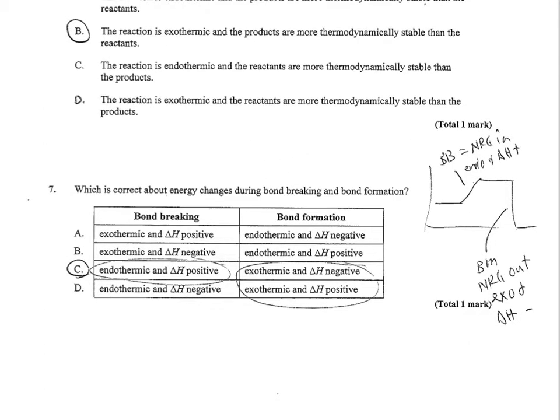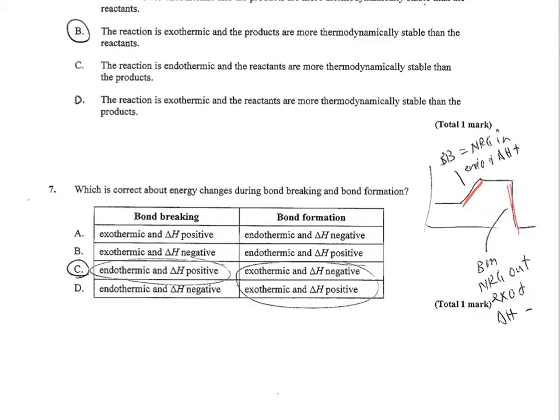Number 7 is somewhat similar. They want to know which is correct about energy changes during bond breaking and bond formation. So if we think of the same energy level type diagram, we see that as you go from reactants to the transition state, so that's this space right here, energy has to be put in, and so delta H is positive, and that's where the bond breaking takes place.